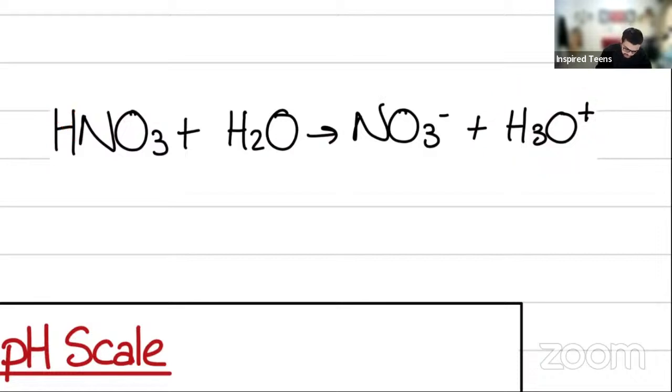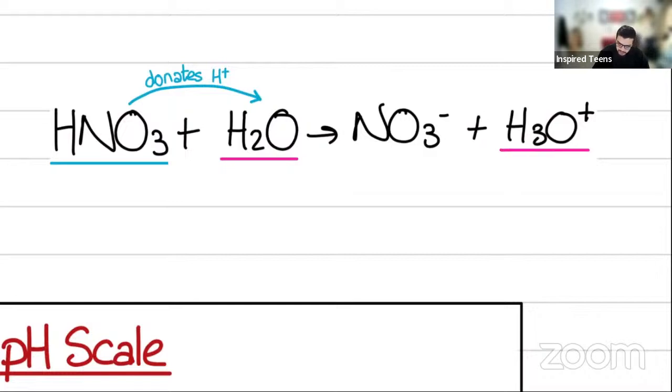HNO3 donates its hydrogen to water, and H2O receives the hydrogen and becomes H3O plus.